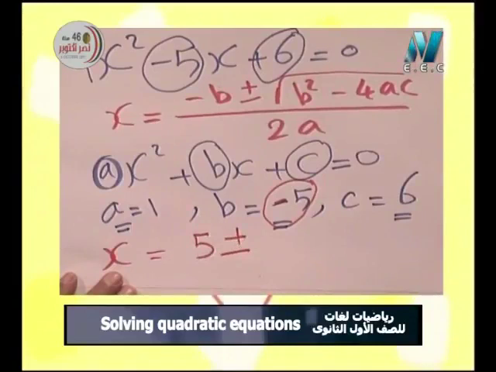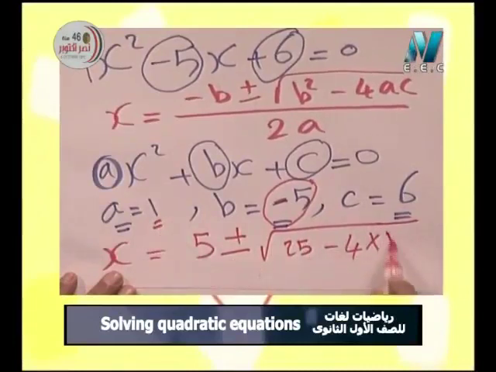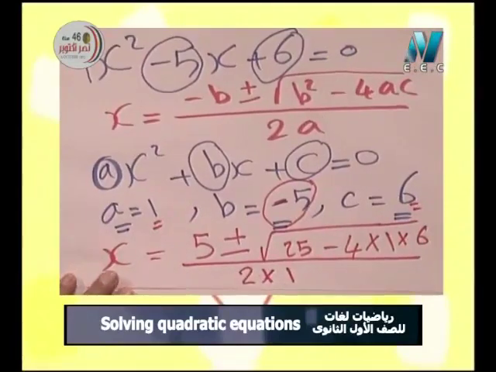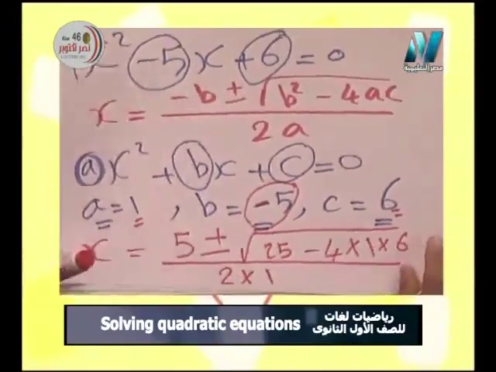Plus or minus the square root of b power 2, which is 25, minus 4 multiplied by a, which is 1, multiplied by c, which is 6. All of them over 2a, 2 multiplied by a, which is 1. Try to calculate it. Use your calculator. You can use your scientific calculator, and you will find that its answer will be the same as the previous equation, because it is the same.